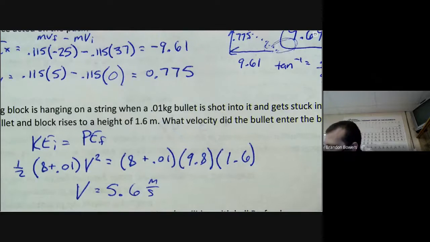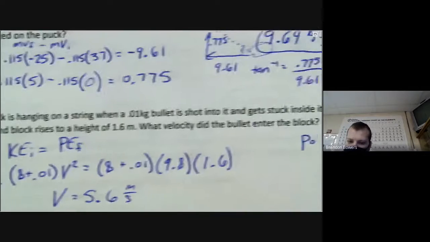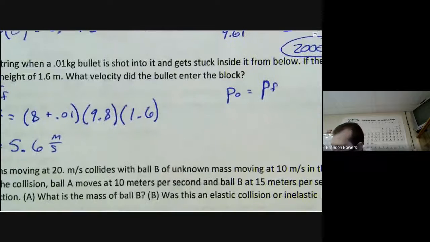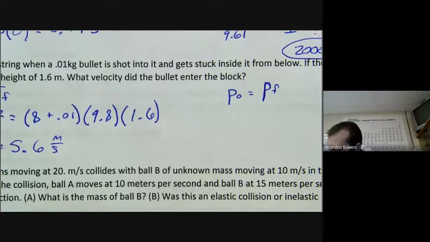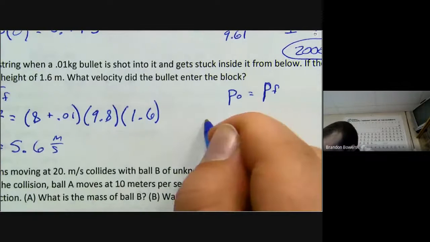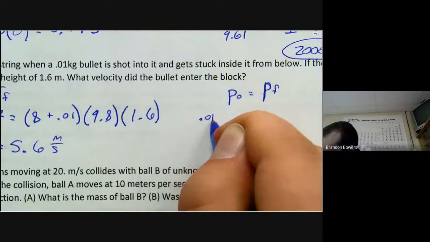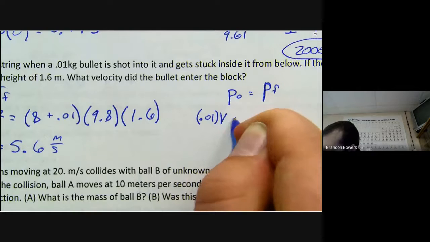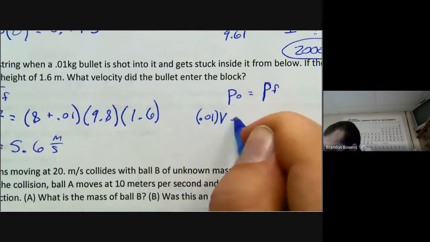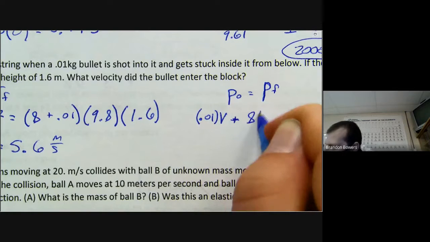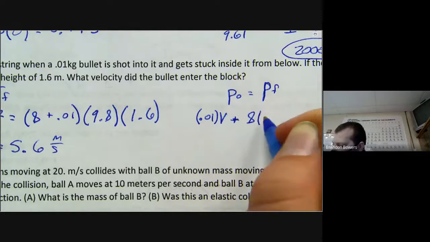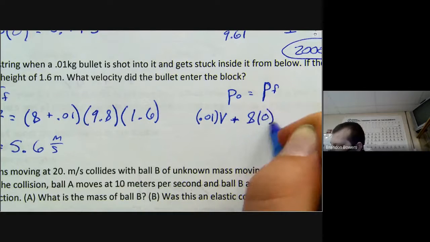So if you look at our momentum, my initial momentum is the mass of my bullet times its velocity, plus the momentum of my block. It has a mass of that. What's the velocity of the block? 0 at first.